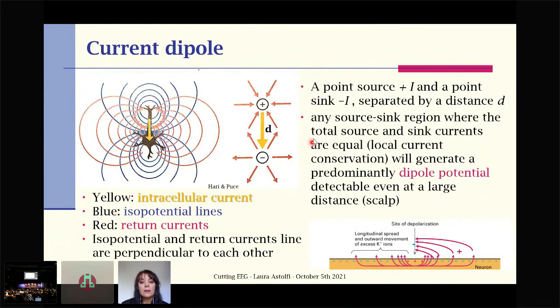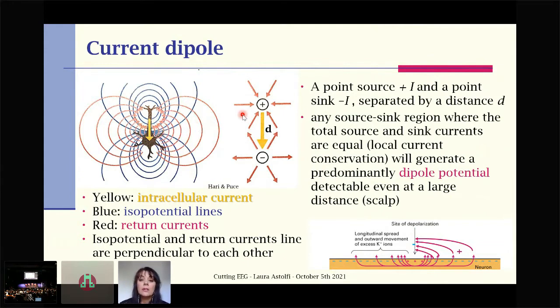This generates isopotential lines, which are the blue lines reported here, and return currents, which are the red lines here, which, thanks to volume conduction, can be propagated across the tissues up to a certain distance.